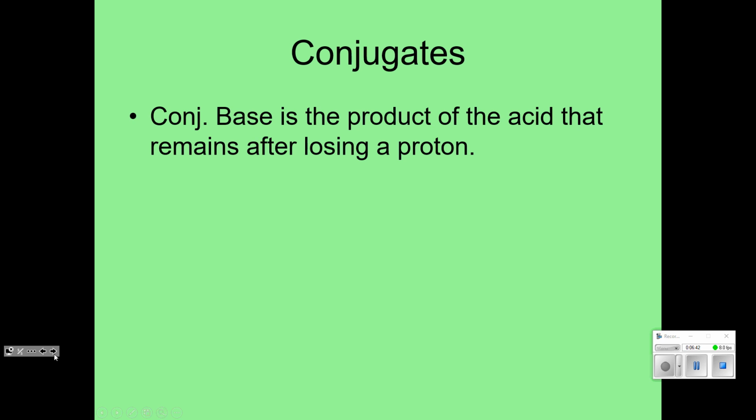The base and what it turned into, its conjugate as well. This vocabulary you're going to see on the website tonight is a simple, hey, here's a formula of an acid. Show me what its conjugate base is.